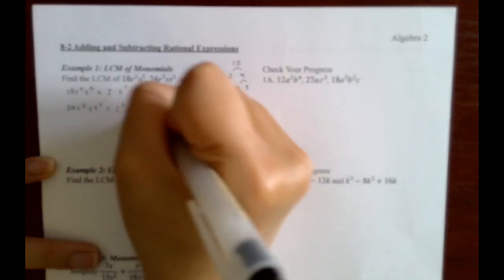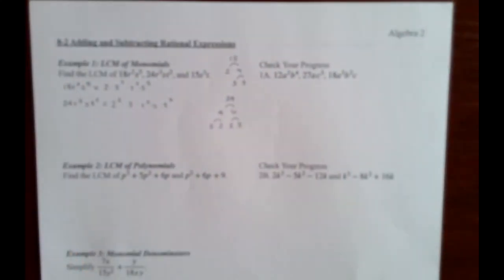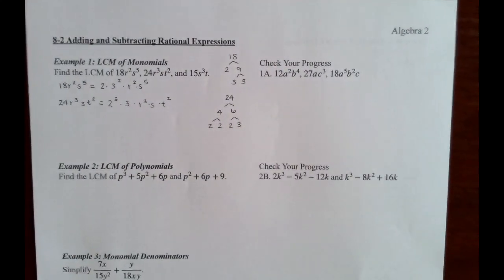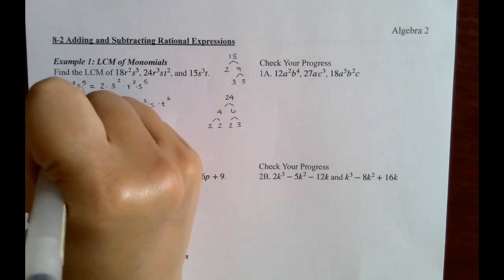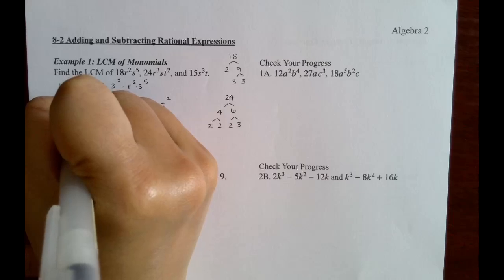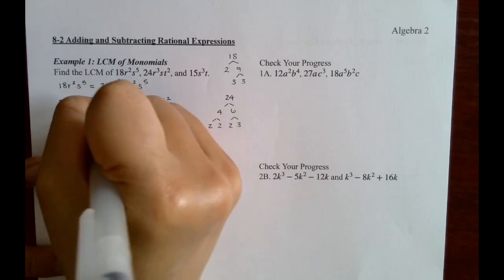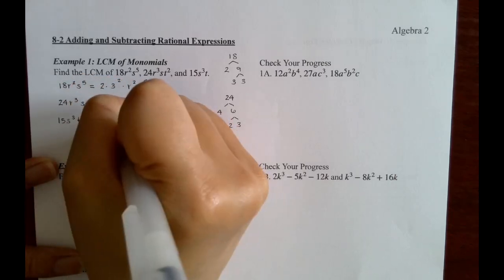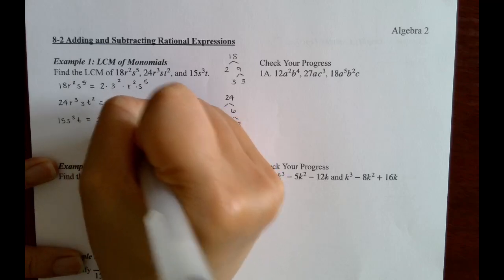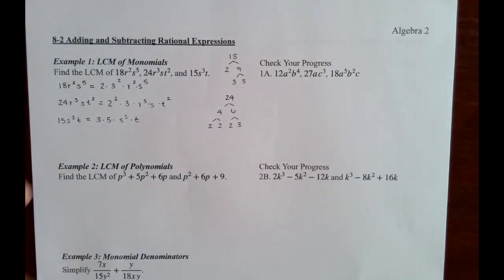And then we have r cubed, s, and t squared. It's a little blurry. Okay, there you go. And then 15s cubed t. No need to do a factor tree for that one. 15 we know is 3 times 5. And then we have s cubed and t.